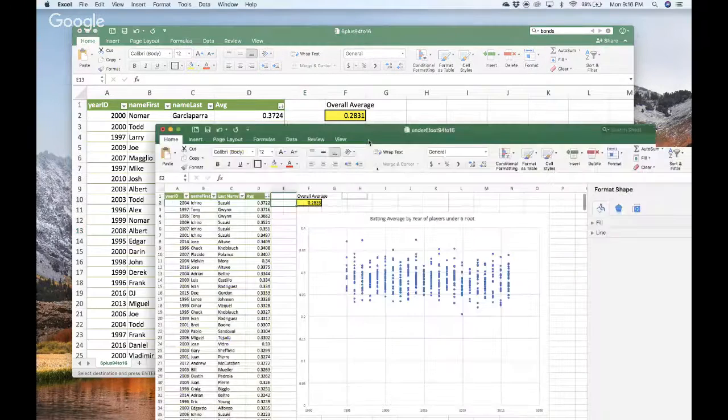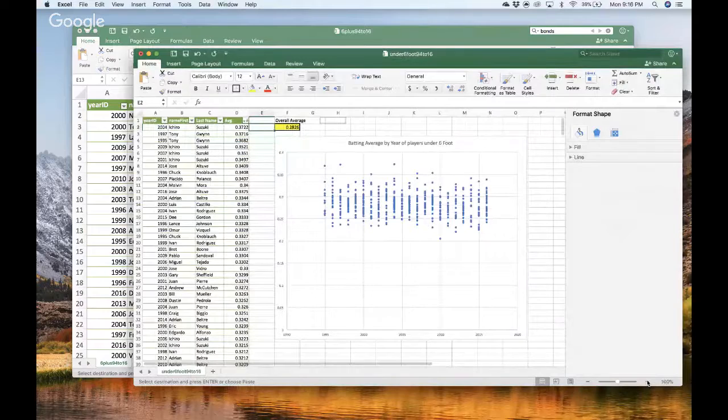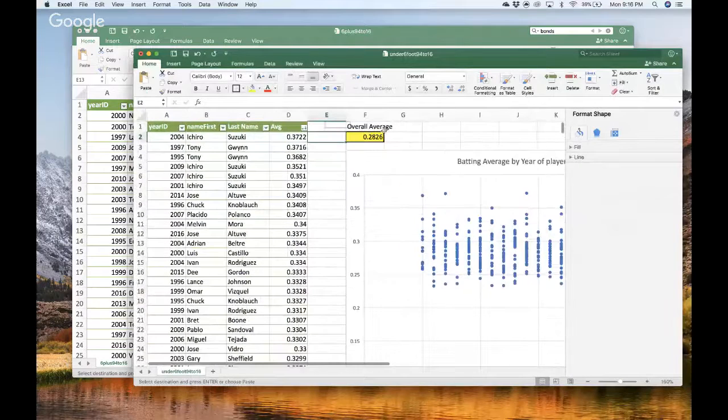Under 6 was .282.6. Oh, wow. So they both rounded to .283, but the under 6 was actually a little less than the over 6.